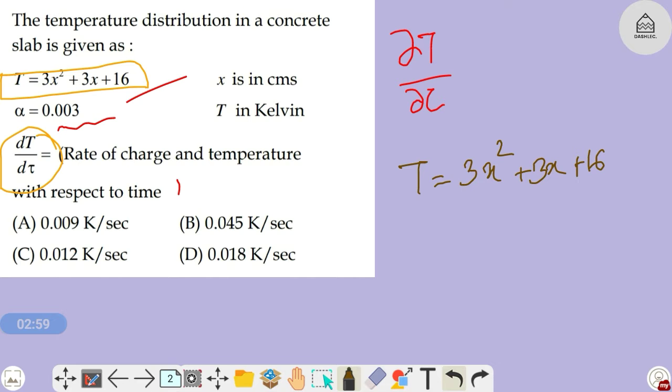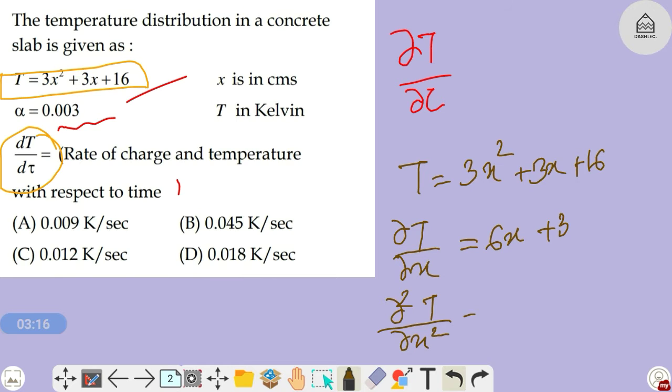If I differentiate it with respect to x, I will get 6x plus 3. Yes or no? Now if I differentiate it again, then I will get 6. First differentiation is 6x plus 3, and the second differentiation will be 6.